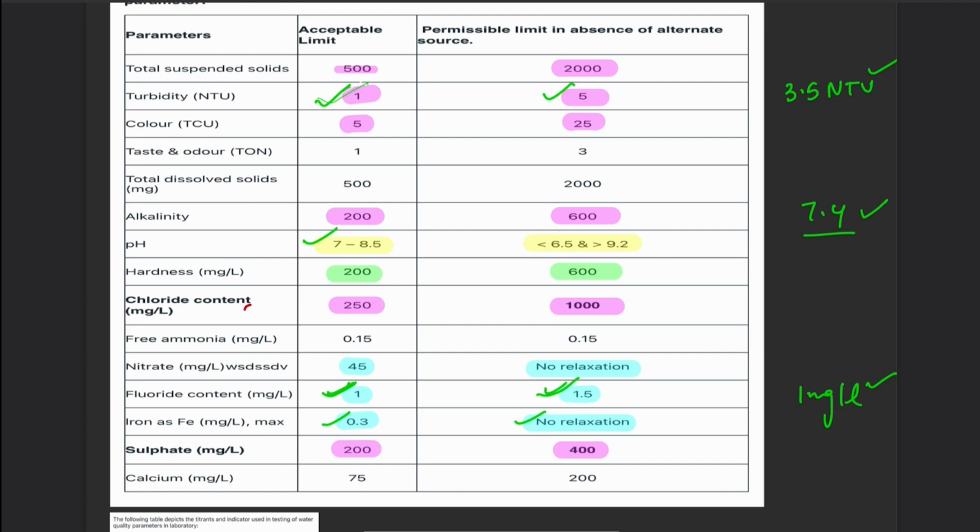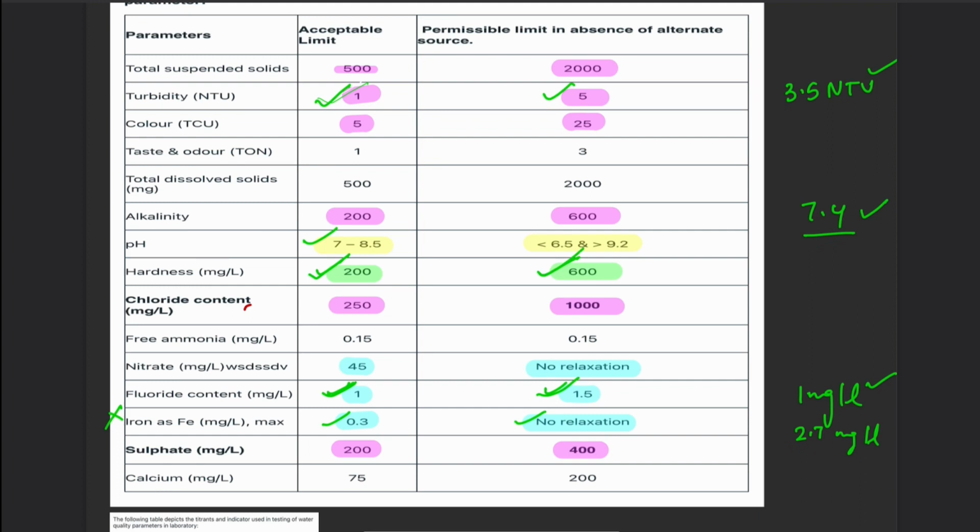But the water has iron at 2.7 milligram per liter, so iron is not acceptable and we need to remove iron. Then total hardness: 200 is the acceptable limit, but with no other sources it can go up to 600.